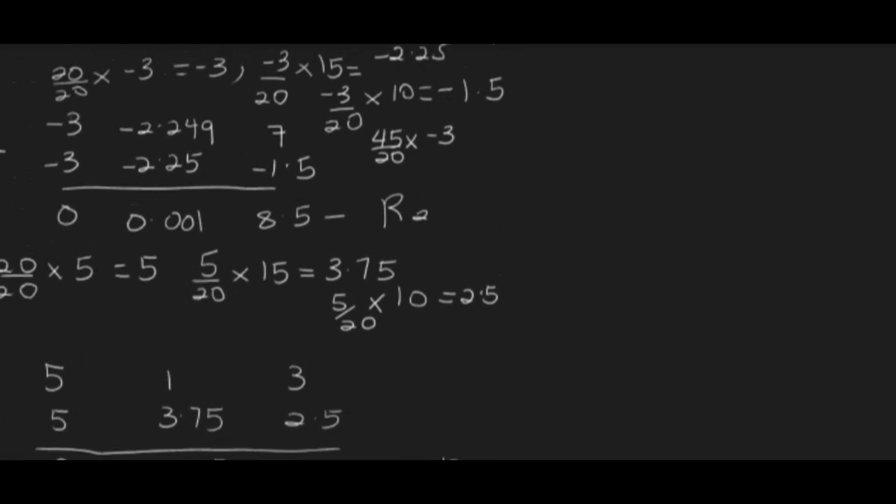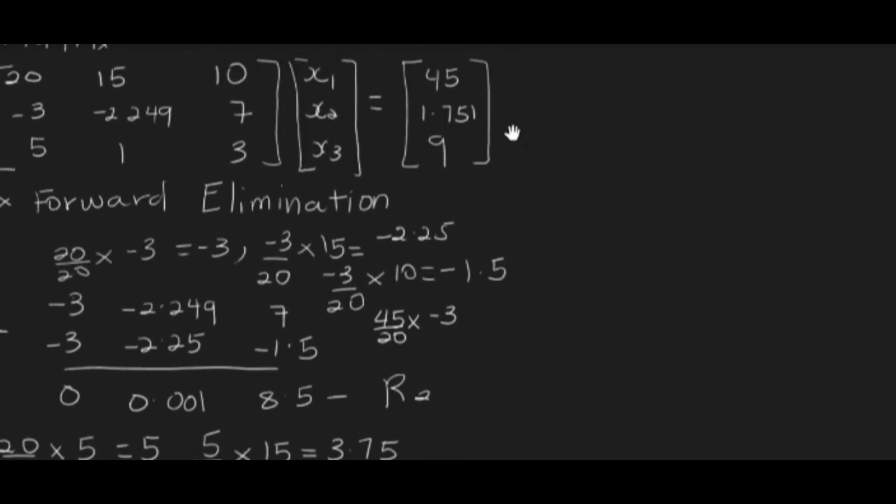So as I was saying, to modify this side, the first one, you are going to multiply this by what? The negative 3 we did here, then you divide it by the 20 as we were doing. So 45 over 20 times negative 3, what would that be?